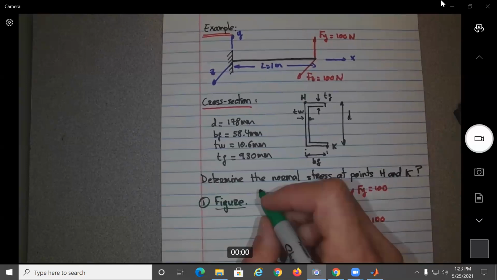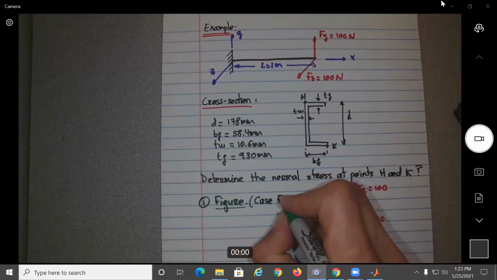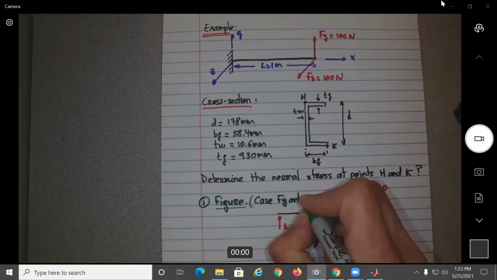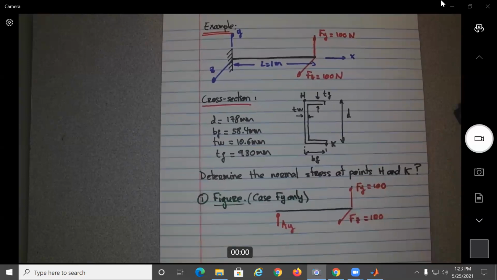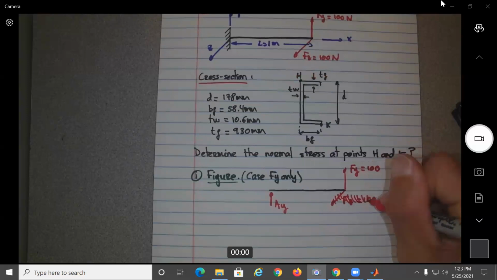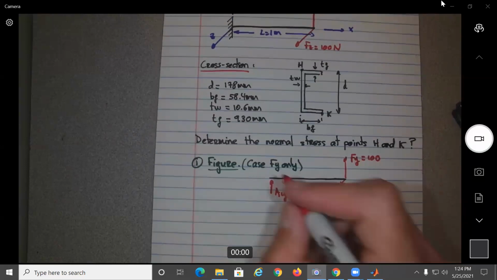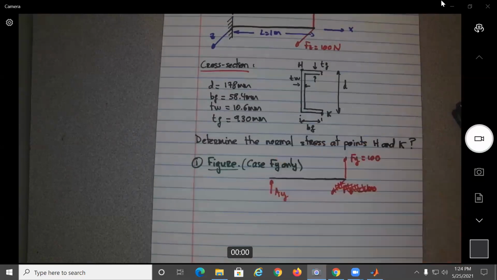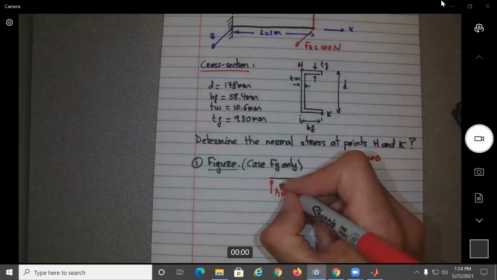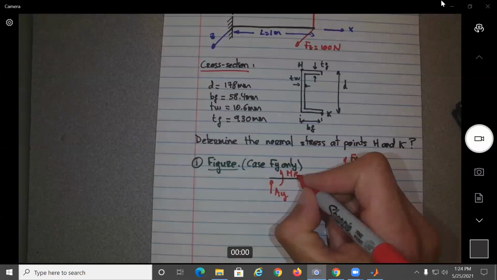Let's do here case Fy only. Okay, and that way I think it's going to be easier. Remove this force over here. Yeah, I think we're going to do it that way. So we have this, then you might have here, whatever, A sub x, and you're going to have a resulting moment M sub r.